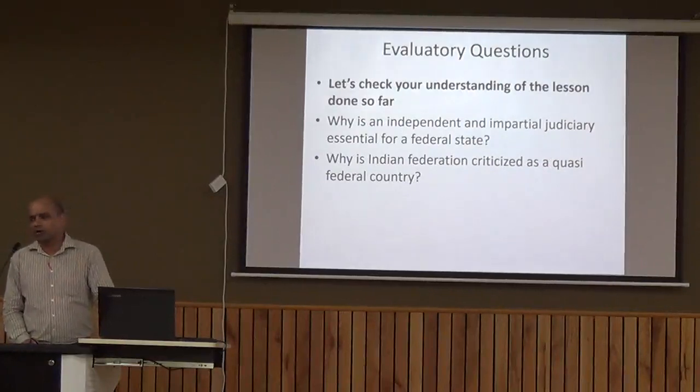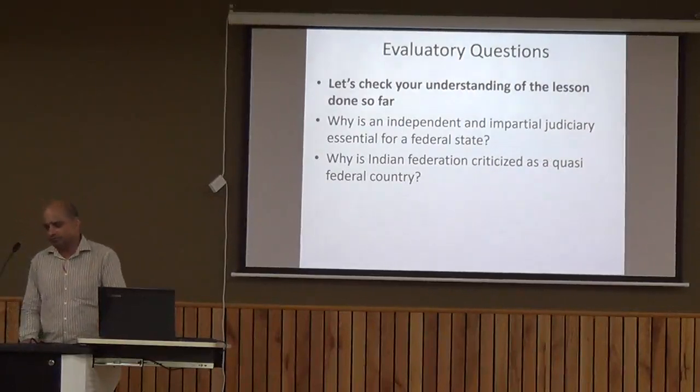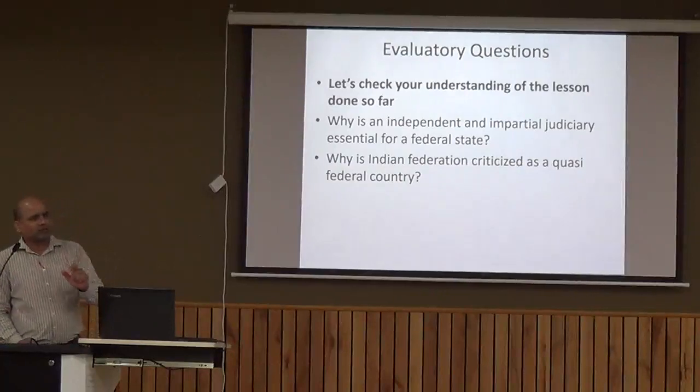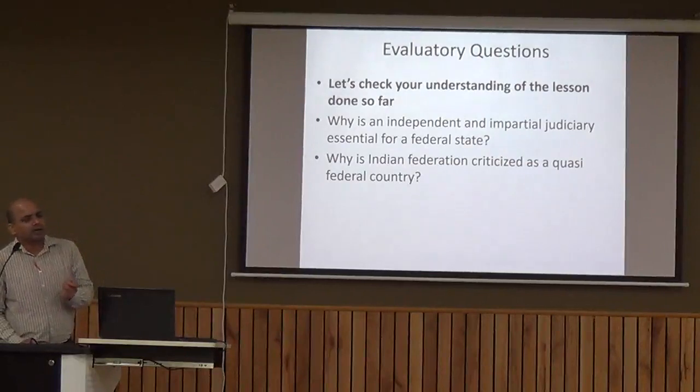So now I am going to ask you a few questions. Can you please answer them? What do you understand, or why or when do you think, that the central government acts like an umpire? And what exactly is the necessity of an independent and impartial judiciary in a federal structure, in a federal system?